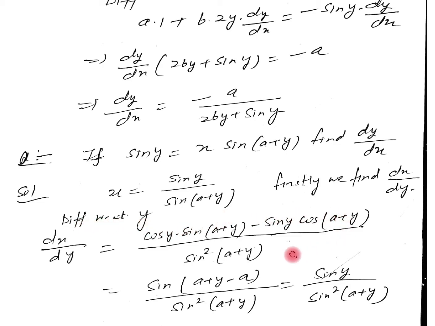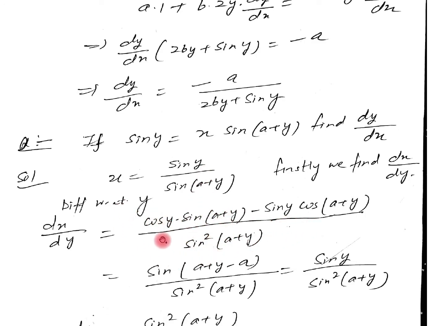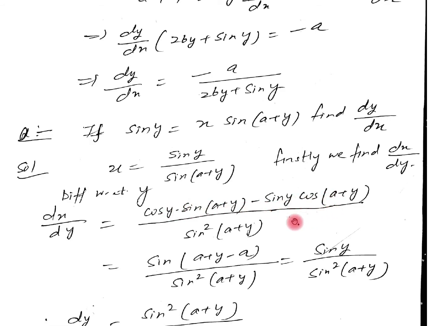Now we are differentiating with respect to y, so there is no need to introduce dy by dx. We are differentiating using the quotient rule. Now here see the very important point. We can use here sin a cos b minus cos a sin b.